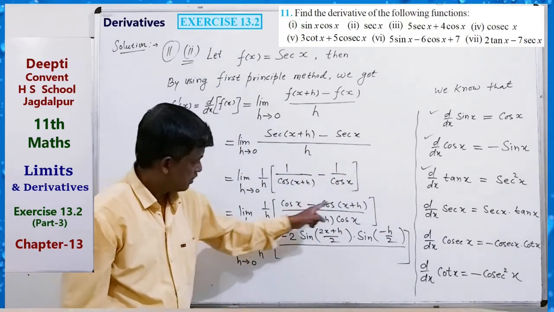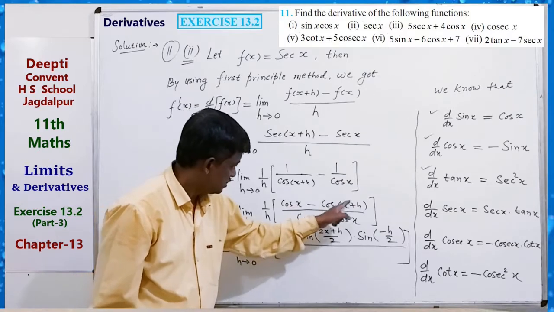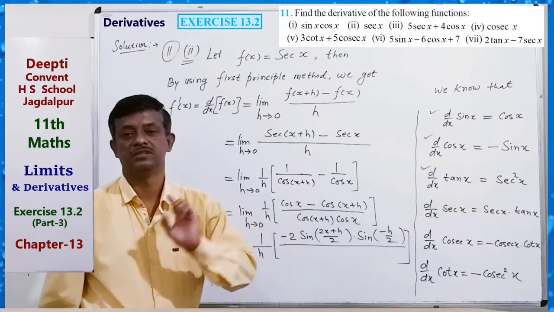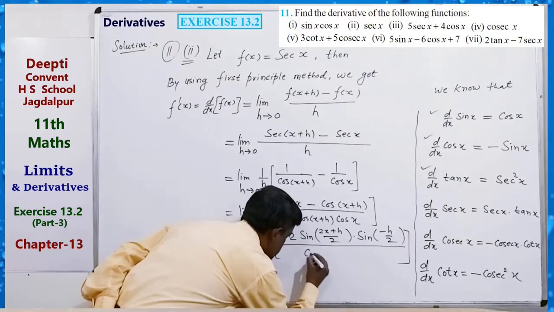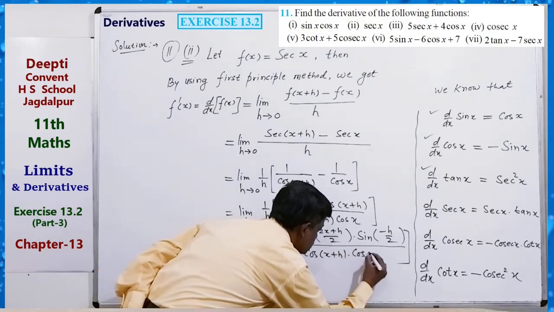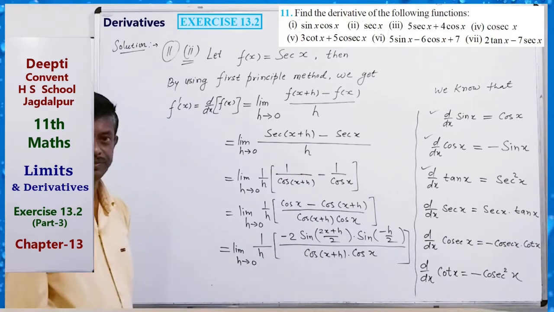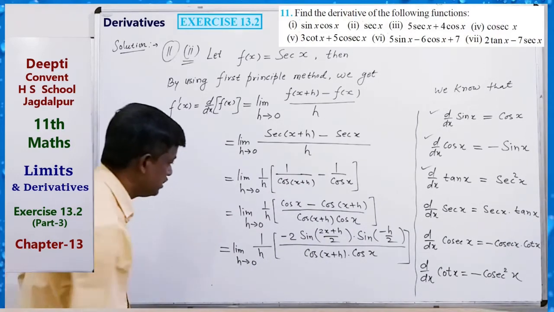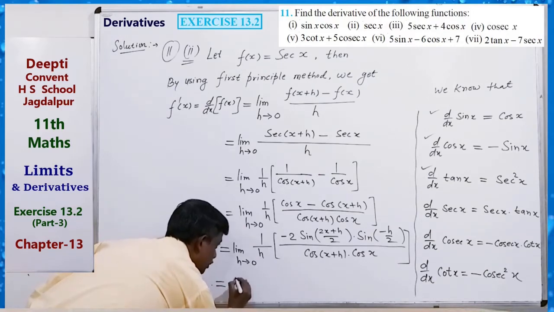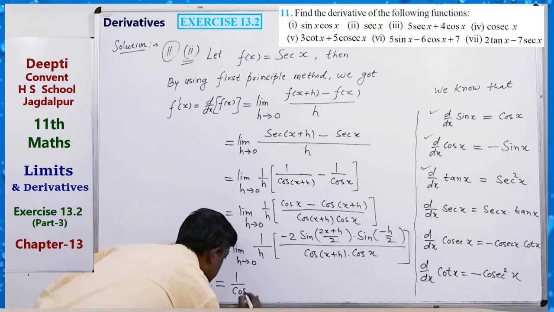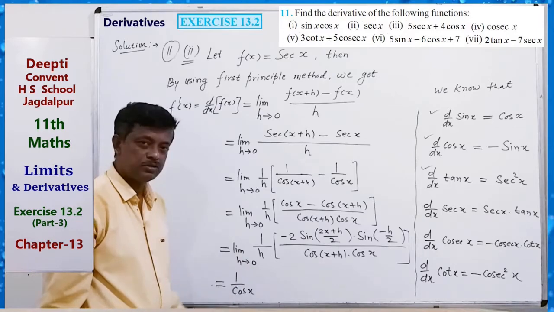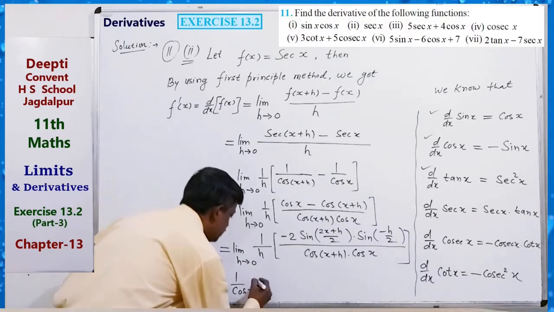Clear? C plus d by 2, c minus d by 2. Minus 2 sin c plus d by 2 sin c minus d by 2 upon cos x plus h into cos x. Now here we see that 1 by cos x, because it is cos x, so h tending to 0, so cos x can be taken outside of the limit.